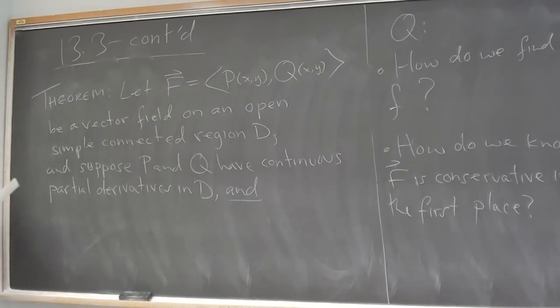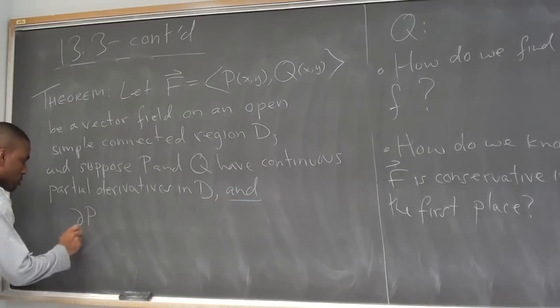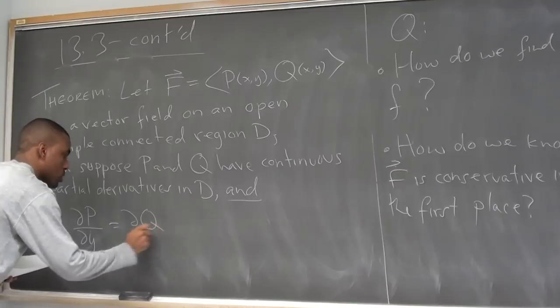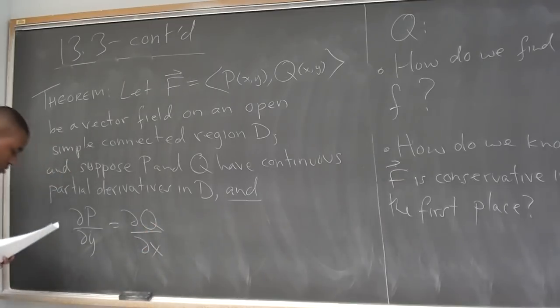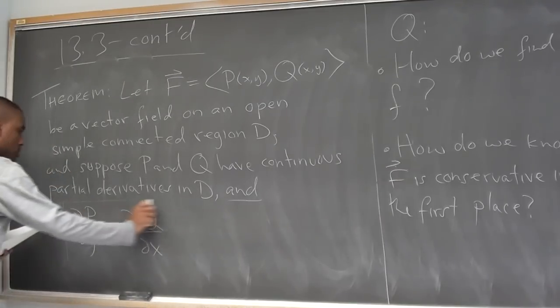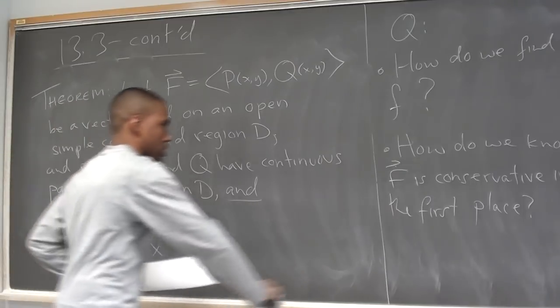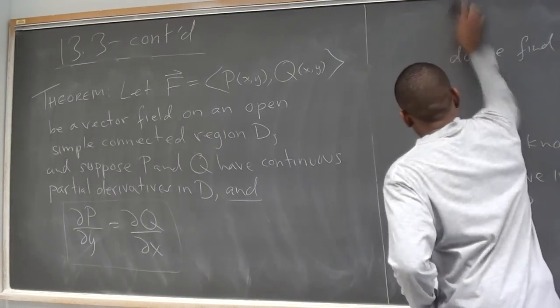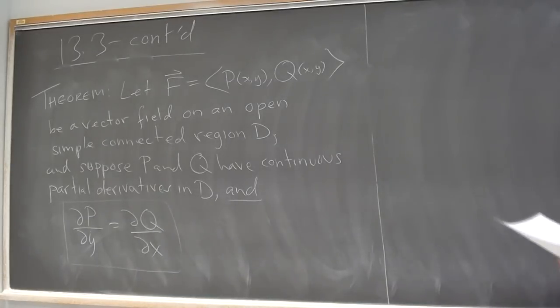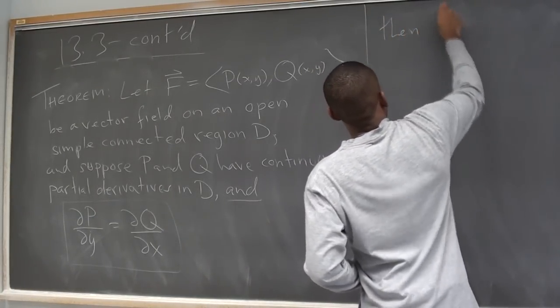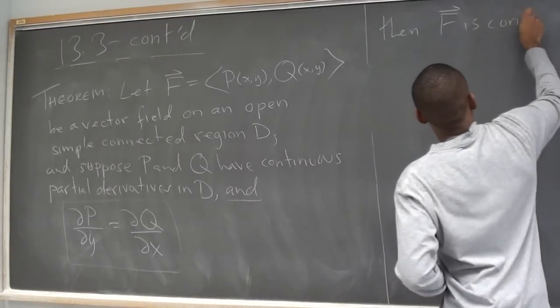Here's the important part. The partial of P with respect to y is equal to the partial of Q with respect to x. Once all these conditions are fulfilled, and you know that these partial derivatives are equal, then F is conservative.